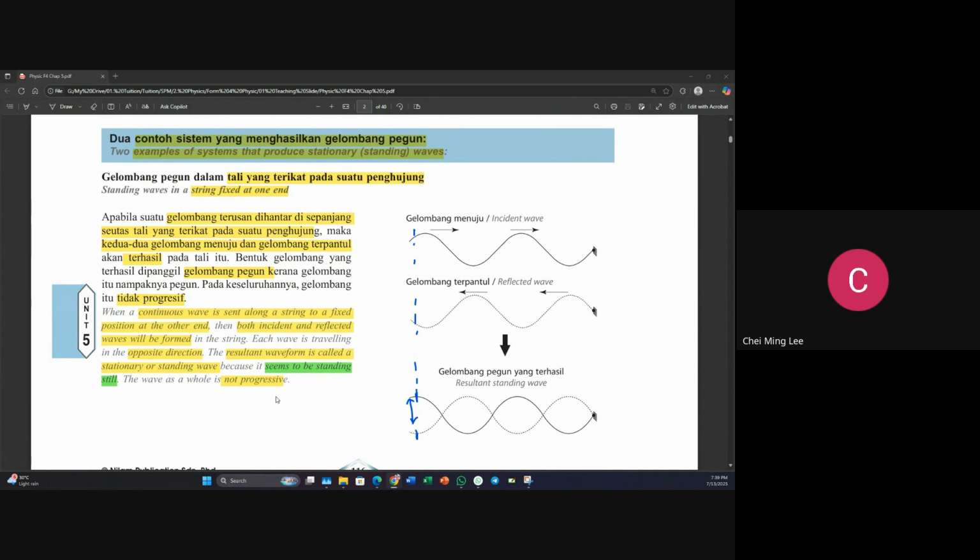So no propagation happens, which means it's standing still. So we call this a stationary wave. Like your magnet, the magnetic waveform is fixed, correct? It won't move, so that is stationary as well. Okay, jot this down, especially this one.